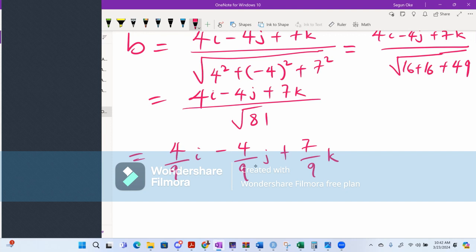This is your small b, don't forget. But we are asked to calculate the projection of A on the vector B.